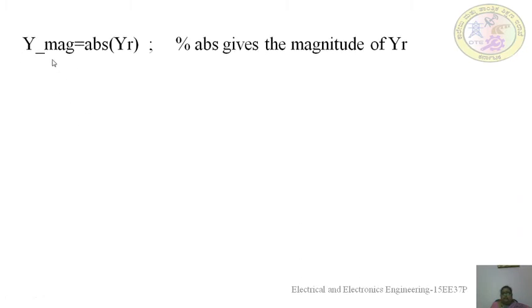Then again, since now we are getting the admittance in the rectangular form, we are going to calculate it in the polar form as we have done for the impedance. So again, for Y magnitude, this absolute function is going to give the magnitude. And similarly, we are also going to calculate the angle here, and it gives the result in radians, and that will be converted again into degrees.